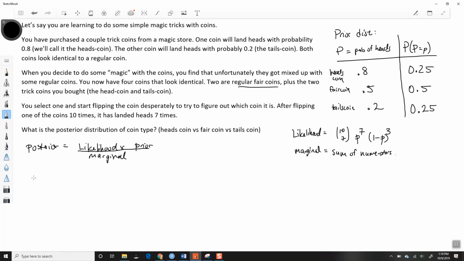So we'll do the probability that P is equal to 0.8 given our data, which is going to be proportional to 10 choose 7, 0.8 to the 7th times 1 minus 0.8 to the 3rd times the prior of 0.25.